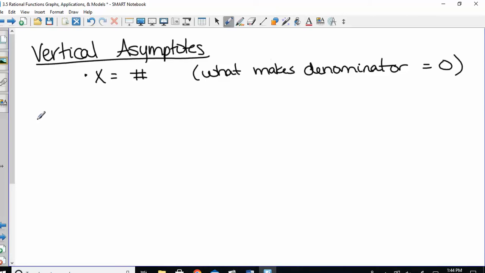Okay, horizontal and oblique asymptotes are based off of degree. So what is a degree? The highest power, right? So we're going to compare the degree at the top and the degree at the bottom, or degree of the numerator and denominator.